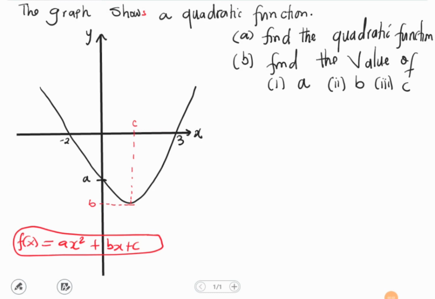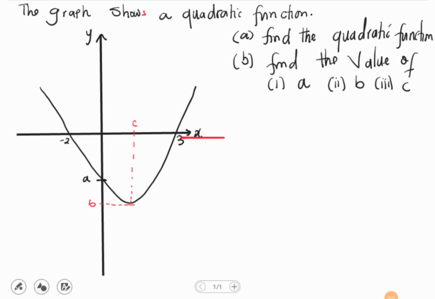All right. So to find this quadratic function, you first have to understand that you have been given the x-intercepts. Since they have given us the x-intercepts, it's easy for us to find the quadratic function.